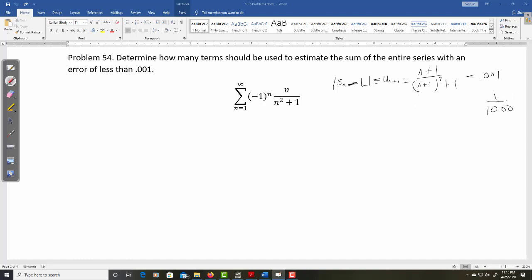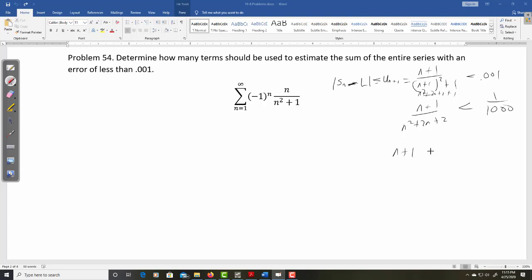So doing some simplifying, that's n squared plus 2n plus 1 plus 1. So we got n plus 1 over n squared plus 2n plus 2 is less than 1 over 1,000. Cross multiply. Everything's positive, so I shouldn't have to flip the inequality.